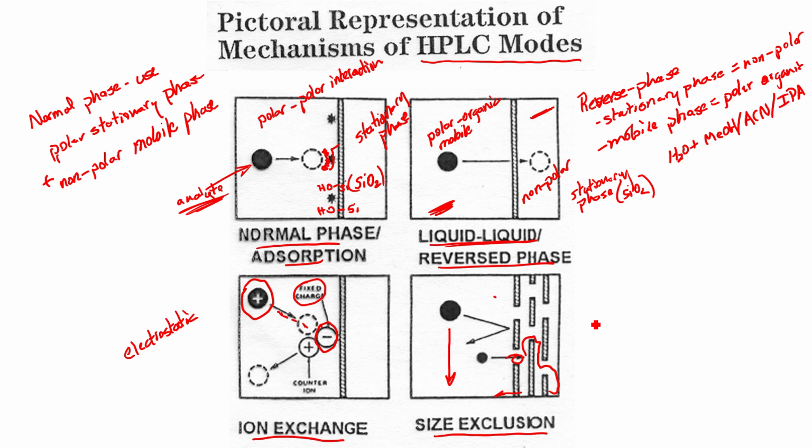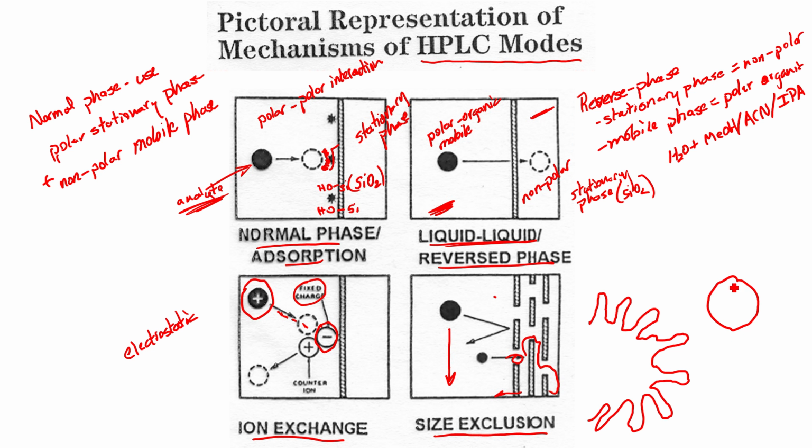So the term that we used to call it was molecular entrapment. A probably better idea of what the stationary phase looks like is maybe little fingers like this. Now, not every pore is exactly the same size, but it's something to this degree. So bigger things can't get in at all, so they're going to elute off very, very quick. Smaller things can get in maybe a little bit, so they're going to have an intermediate velocity.